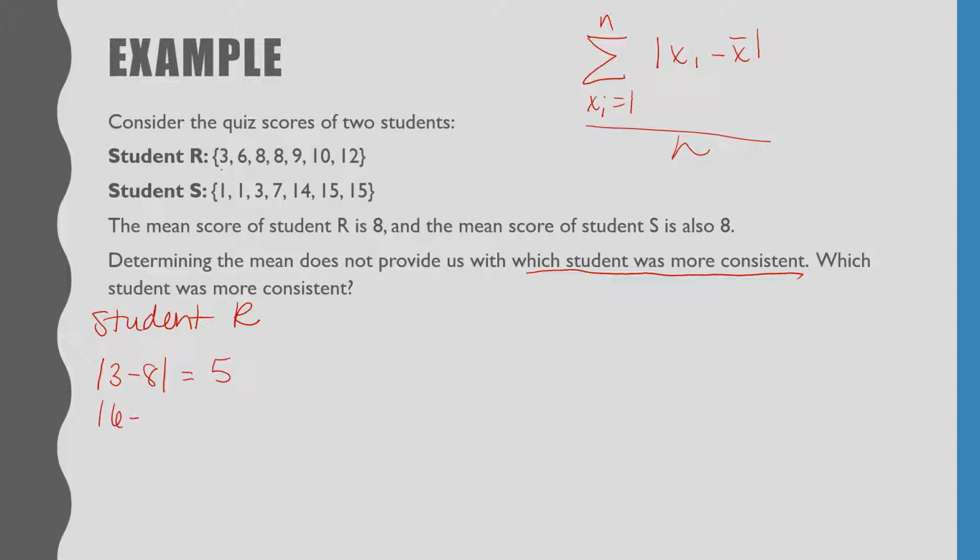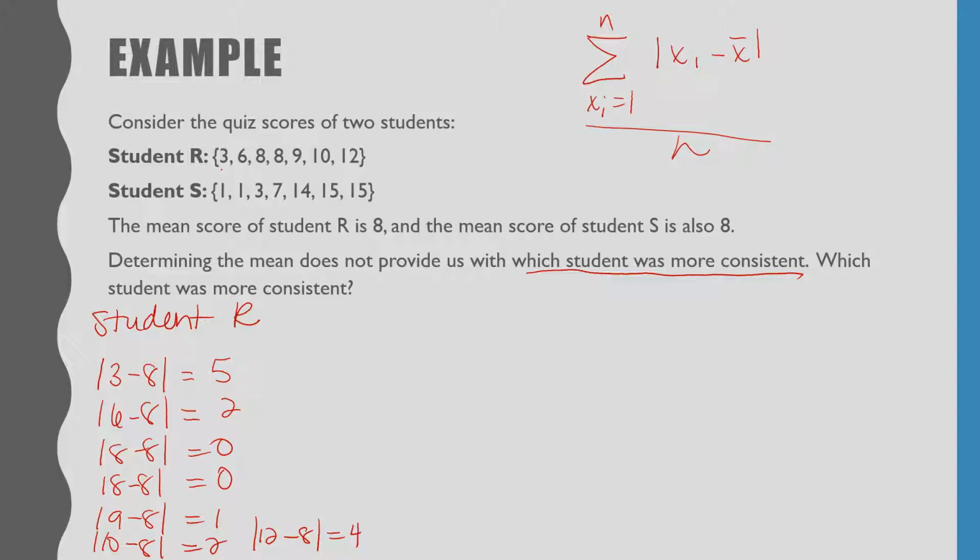Then I have 6 minus 8. That's going to equal 2. 8 minus 8 is 0. 8 minus 8 is 0. 9 minus 8, 1. 10 minus 8 is 2, and then I've got one more over here. I've got 12 minus 8 is going to give me 4.